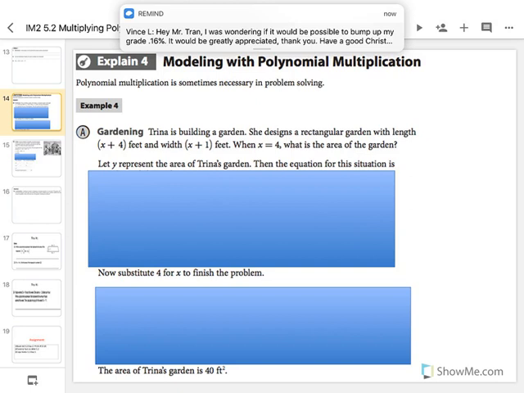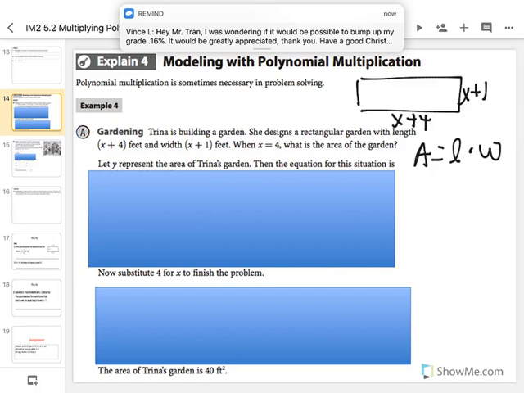So here we can do a rough sketch of the garden. We see that the length is x plus 4 and the width is x plus 1. Remember that the formula for the area of a rectangle is length times width. Let y be the area.